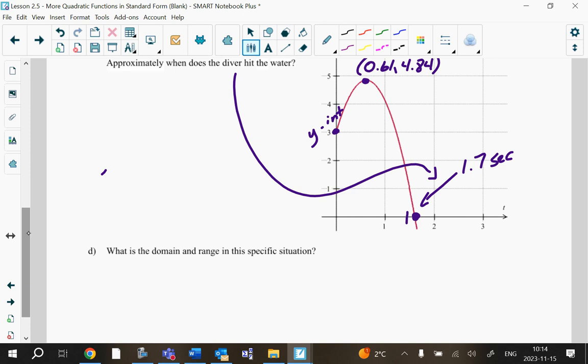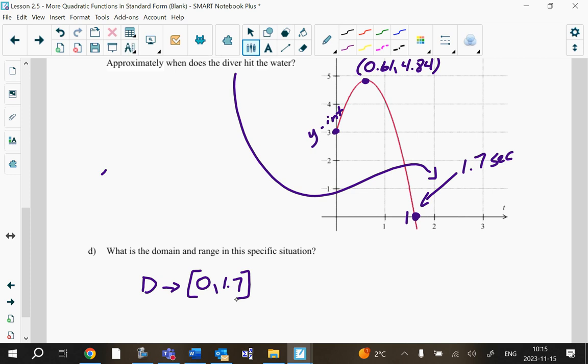There's no arrows on this, so it's not going to be negative infinity to positive infinity. 0. What's the furthest right point before you go underwater? 1.7. So the domain would be about 0 including to 1.7 including.